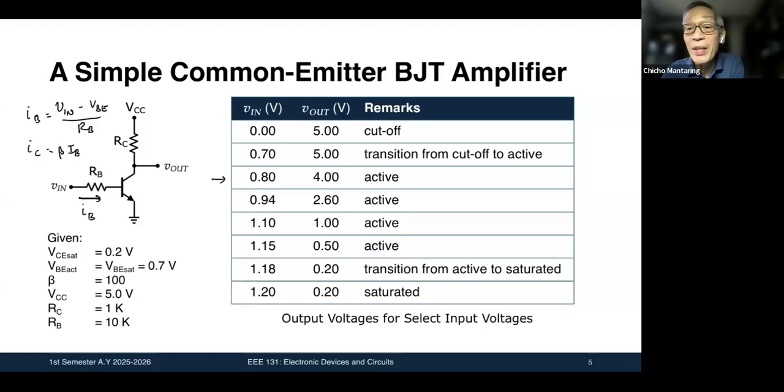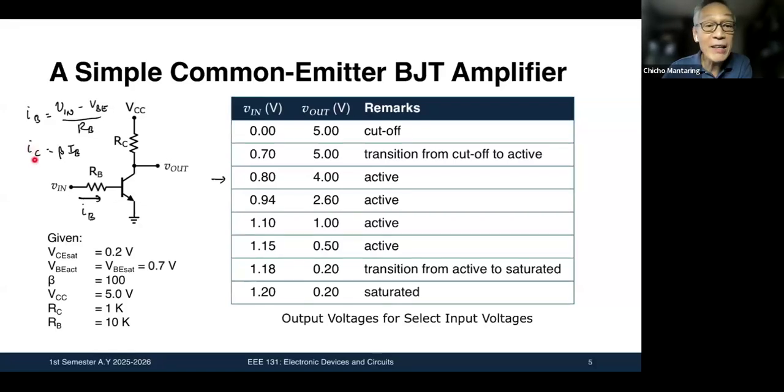Okay. Can you answer me, Sarah? If I decrease RB, what will happen to IB? Will it increase or will it decrease? Yes, it will increase, no? If I decrease RB by this formula, IB will increase, no? If IB increases, obviously IC will also increase, right?